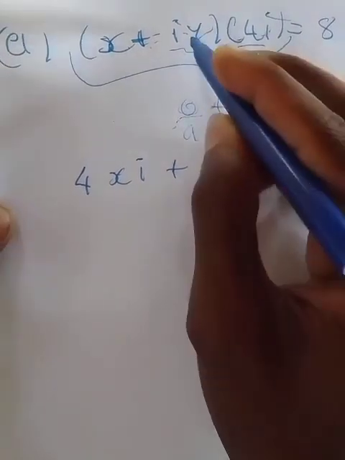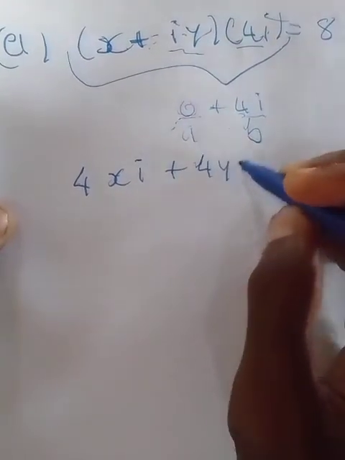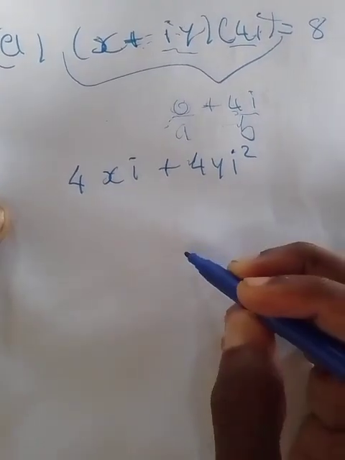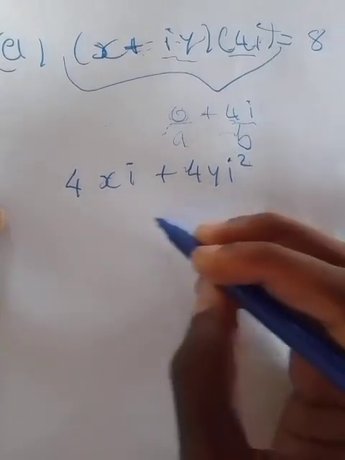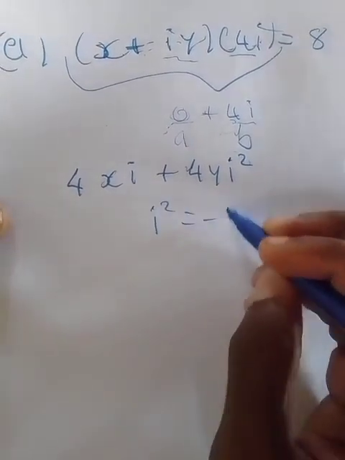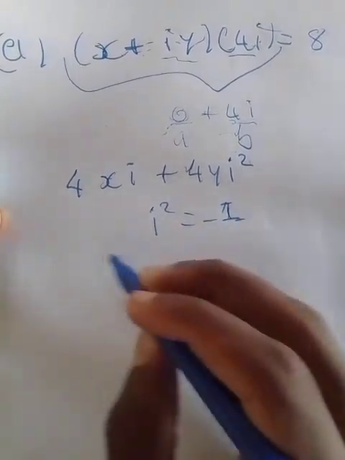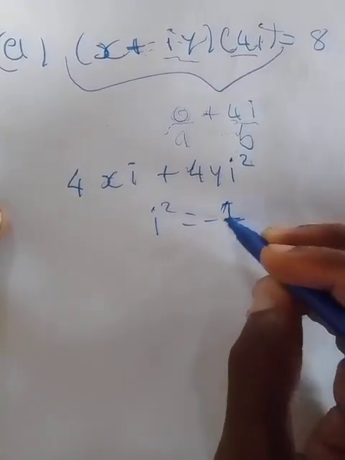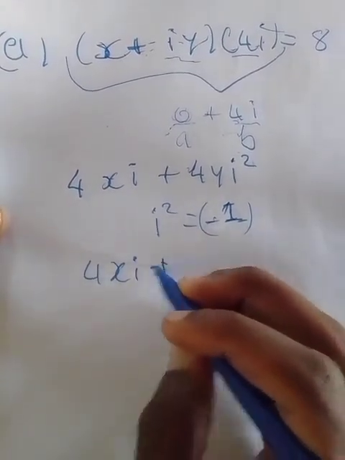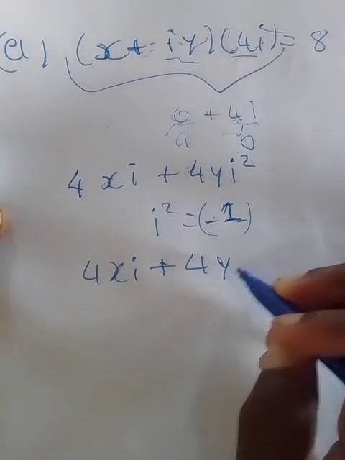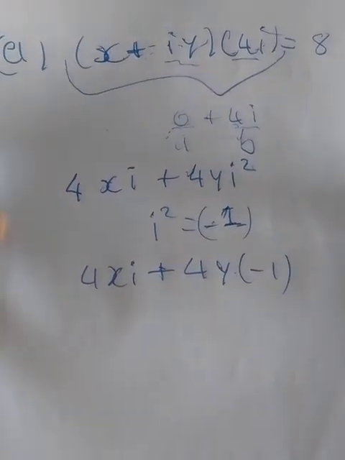Okay, so now here where you have i squared, remember that i squared is same as having -1, right? So where there is i squared, you can replace with -1. Very important, this identity is very important. If you don't know this identity, then you don't know this topic.